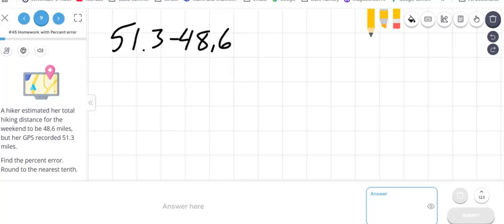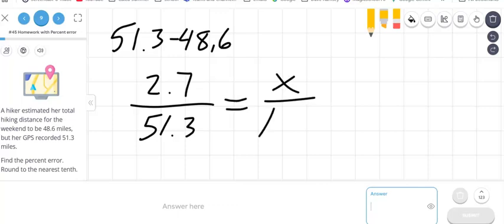So I'll use calculator. 51.3 minus 48.6 gives me 2.7 over. And I would say we're going to use the 51.3 because that's what it actually recorded.